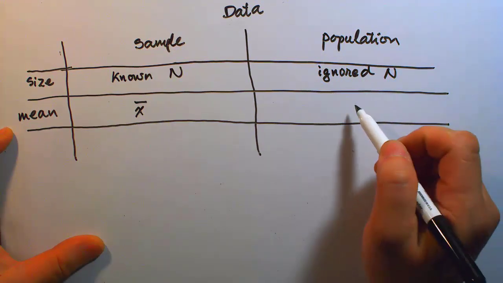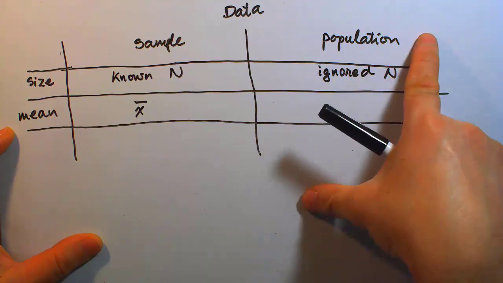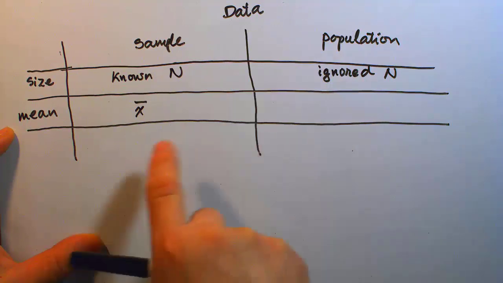And as we just learned throughout this lecture, for population data, no matter how big, we can find a mean value.